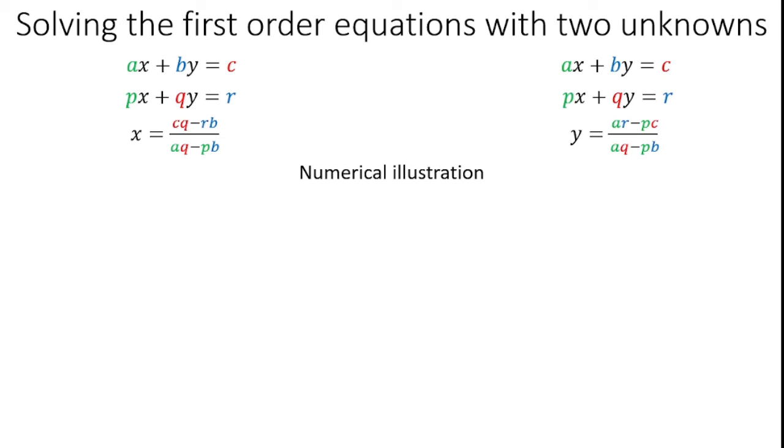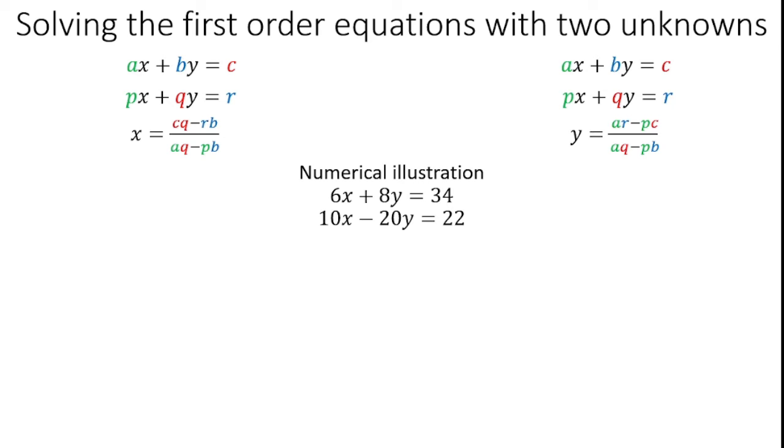Numerical illustration means I substitute values for a, b and p, q, c, r. Here you see the first equation is 6x plus 8y is equal to 34. And the second equation is 10x minus 20y is equal to 22. Here the two equations have a left hand side and a right hand side.